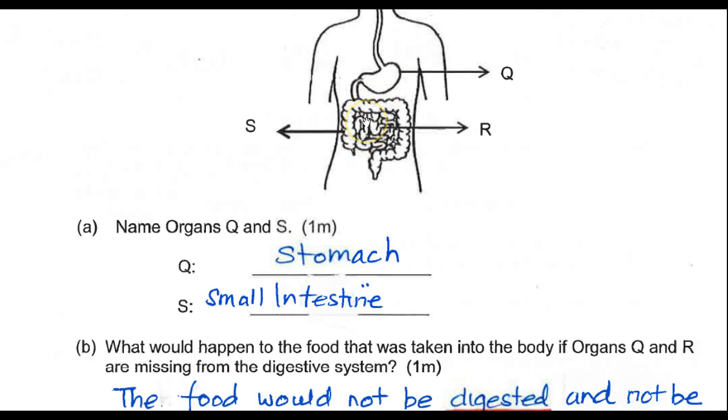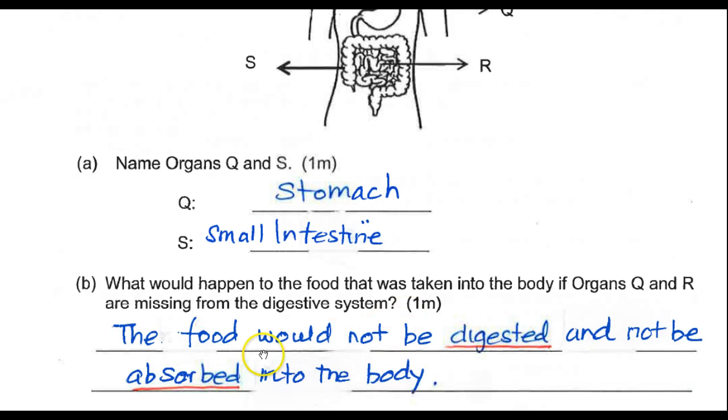The small intestine does two functions mainly: the beginning part continues to digest food further, and the later part absorbs all the digested food into the blood system. So without the stomach and the intestine, food would not be digested and would not be absorbed into the body.